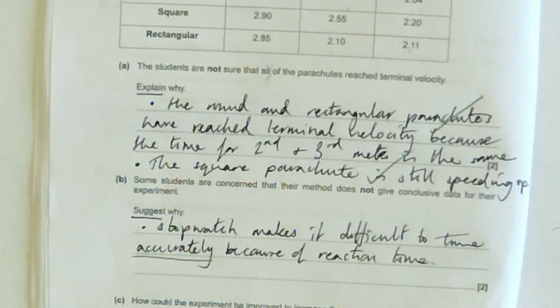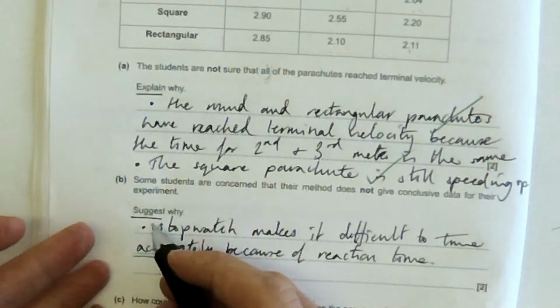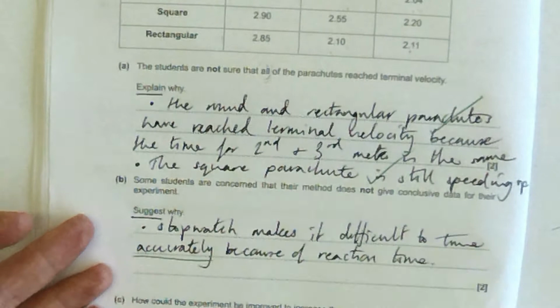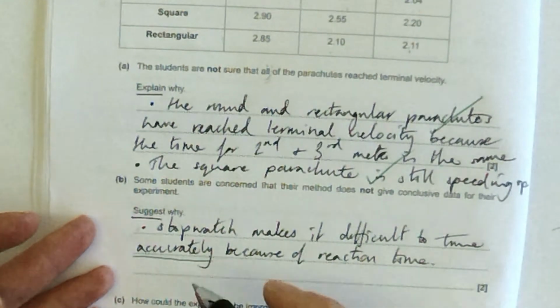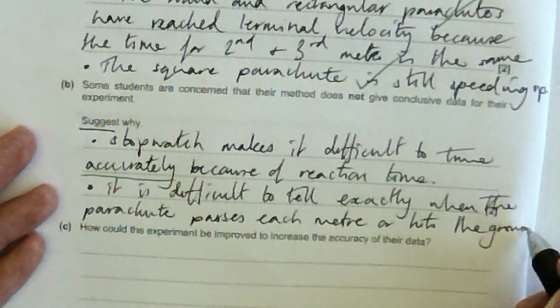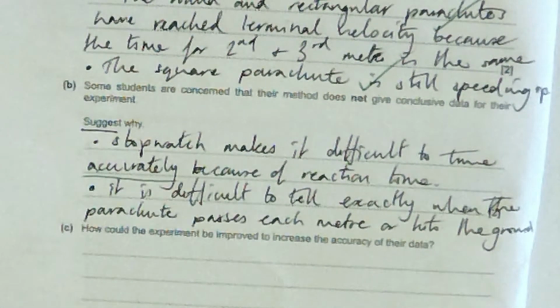And secondly, it's not easy to see exactly when the parachute hits the ground or goes past a meter. That would be my second one. It's not easy to tell when the parachute was starting the first meter, starting the second meter, etc. So both these things are linked to the method.